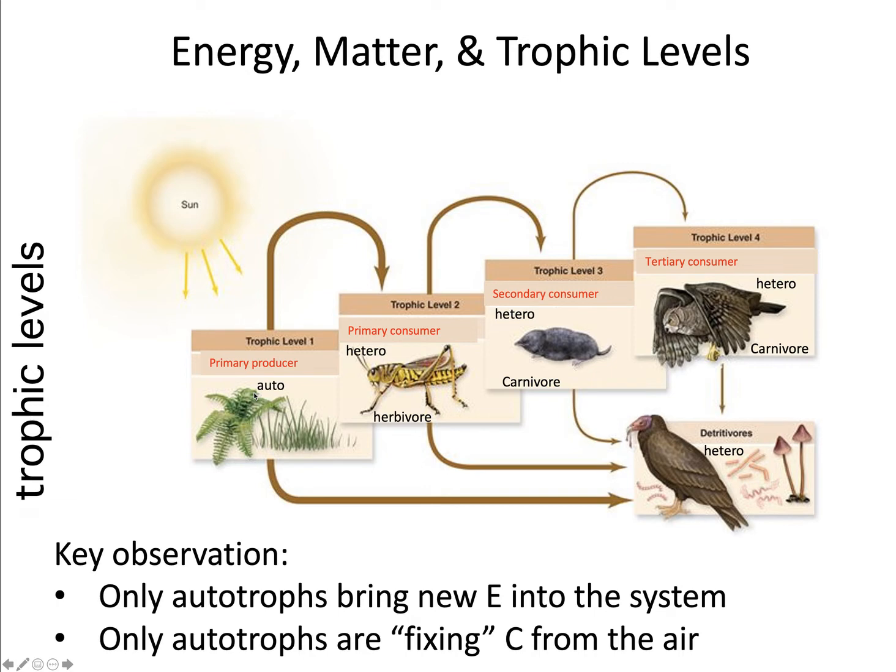And the other important thing is that only autotrophs are fixing carbon from the air. Remember, all organisms are carbon-based. They all need access to carbon. They all build their basic biological molecules out of carbon. And the only biologically available source of carbon for these organisms is mostly coming from these primary producers that are able to do photosynthesis and take carbon dioxide, which is a non-biological form, and turn it into a biological form.